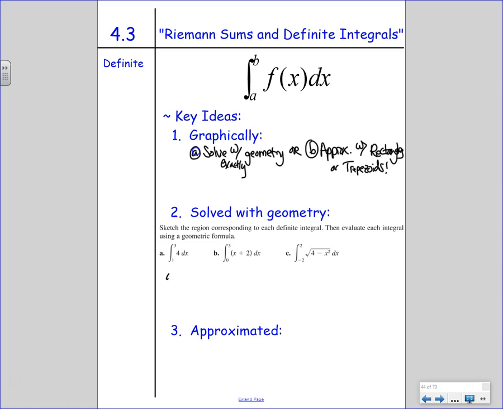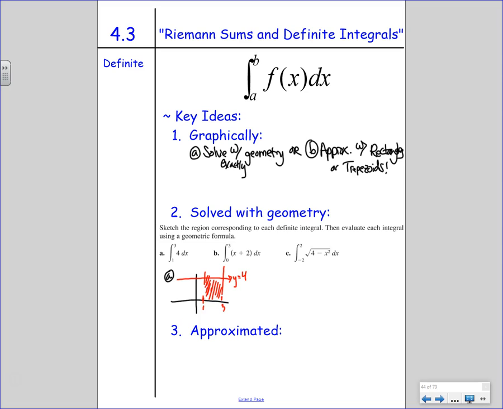So letter A, first of all, if we were to graph this function, y equals 4, what would it look like? Yeah, a horizontal line at y equals 4. And then if the bounds are 1 to 3, can you see that area? How would we find it?